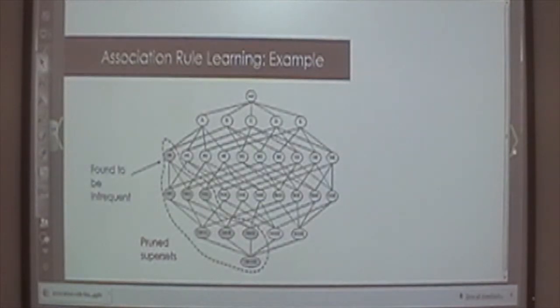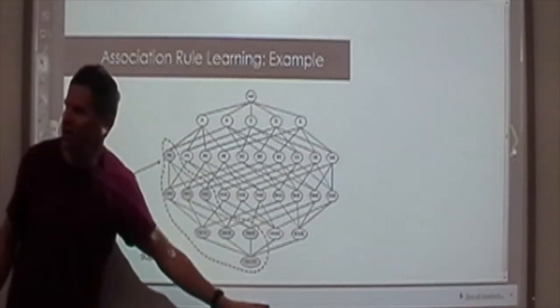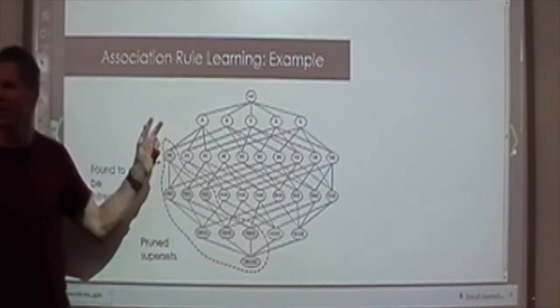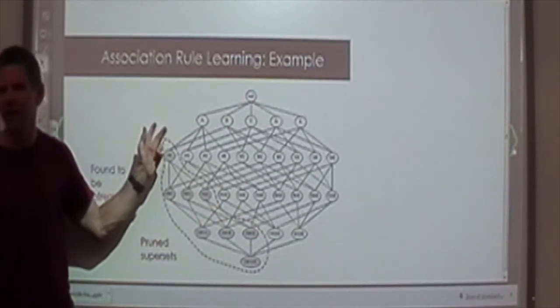So, here's the idea. As I said, we're going to use that property, but we're going to reverse it, because basically we're going to look at the smaller subsets. And if those subsets are infrequent, then all the supersets are also infrequent.